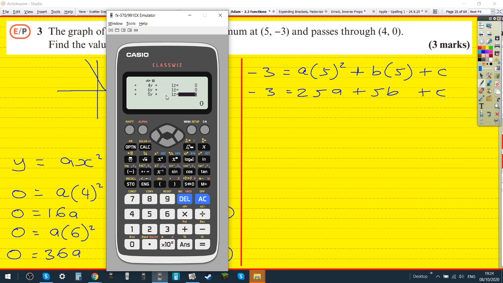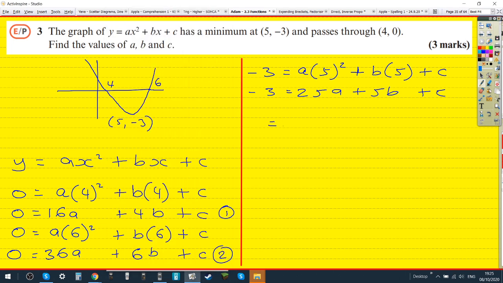Because you can see x plus y plus z equals, so minus 3 is the number without x or anything on it. So that equals minus 3. And then x equals 3, y equals minus 30, and z would be 72.